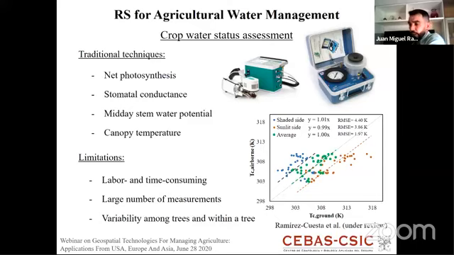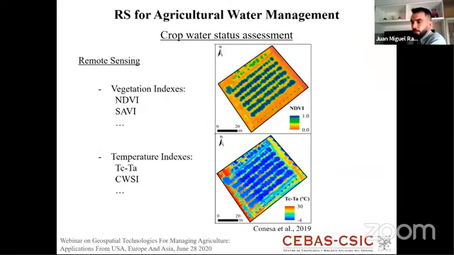Therefore, due to the nadir view angle of the sensor on board the airborne, the remote sensing based approach is able to reveal the spatial within-crown canopy temperature heterogeneity. Here again, the use of remote sensing technologies appears as a valid alternative for evaluating the crop water status.